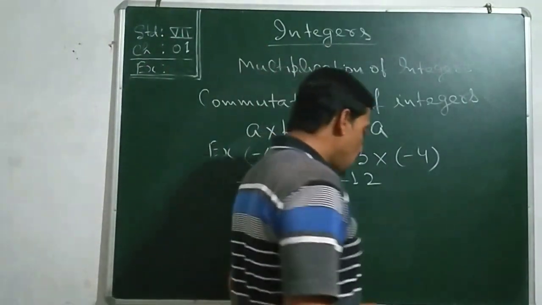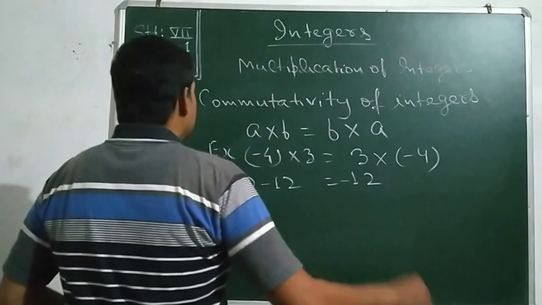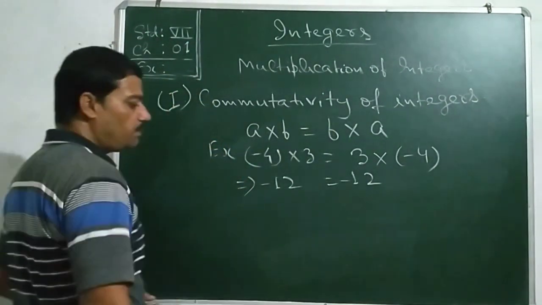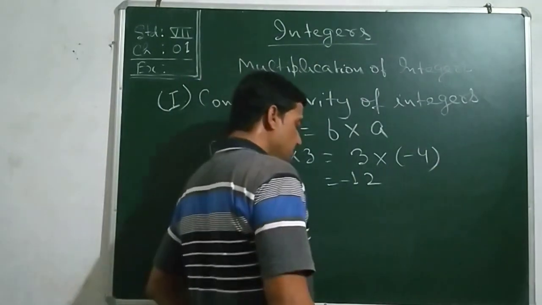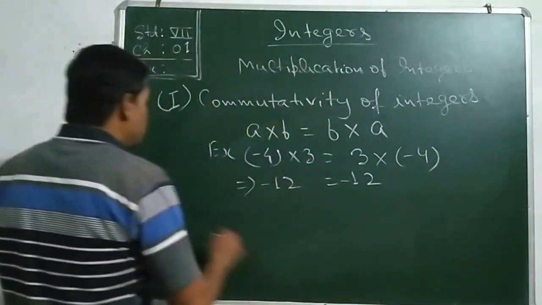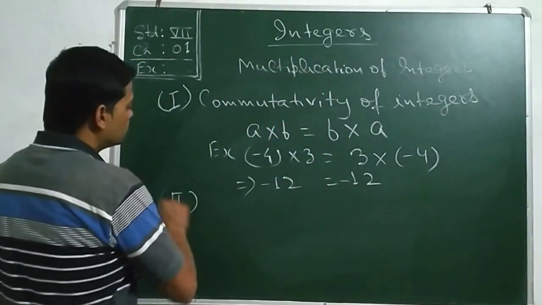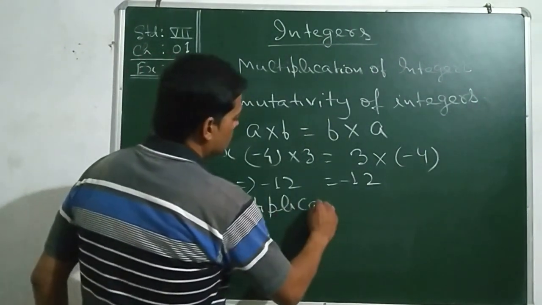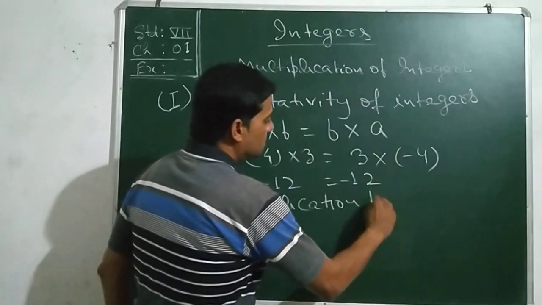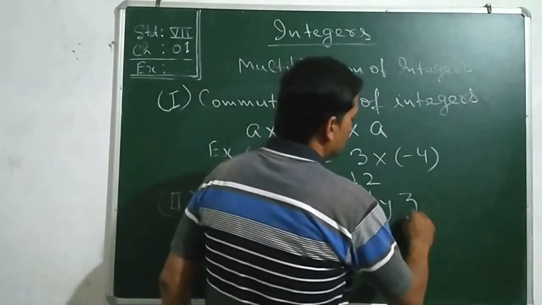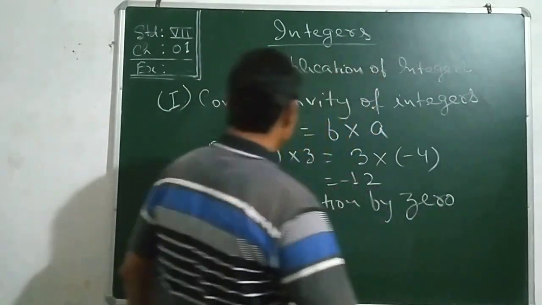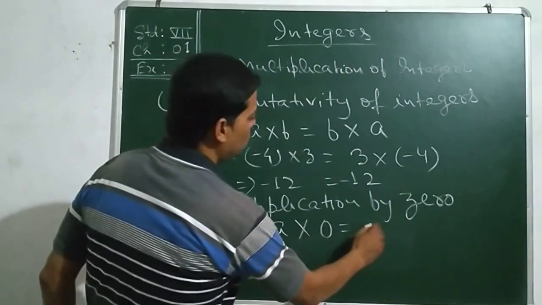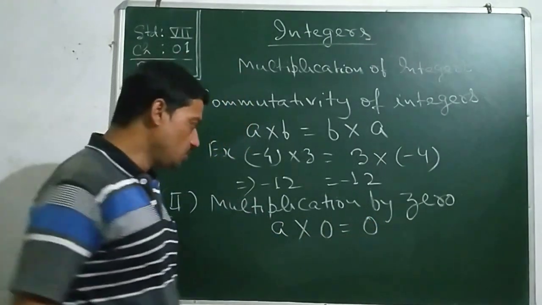Come to the second law. This was the first, commutativity of integers. Second is multiplication by 0. Very simply, if any integer a is multiplied by 0, the resultant number is 0.